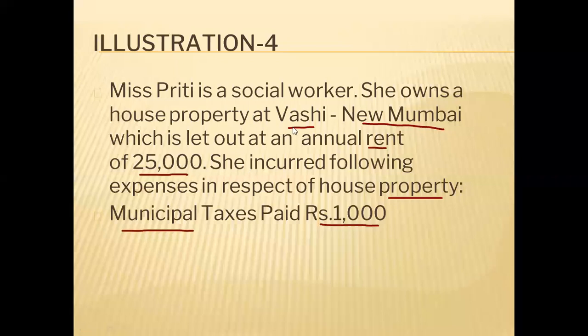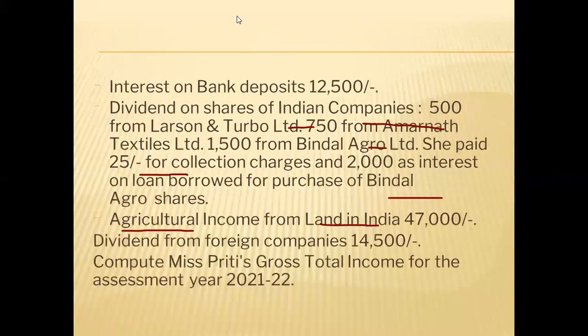So this is the detail of house property given. In the next slide, we will have to see about other income details. Interest on bank deposit 12,500. Dividend from Indian companies. So this is the detail of dividend from Indian companies given: 500, 750, 1,500.